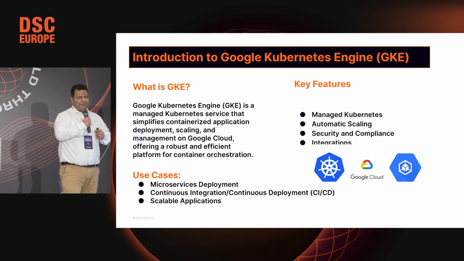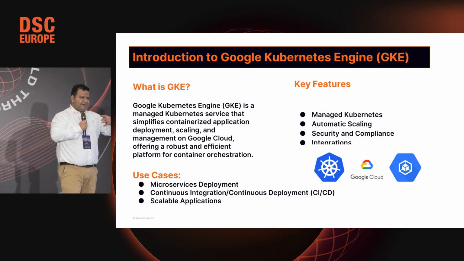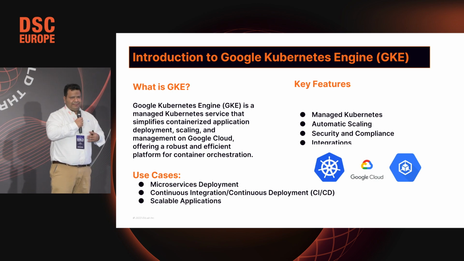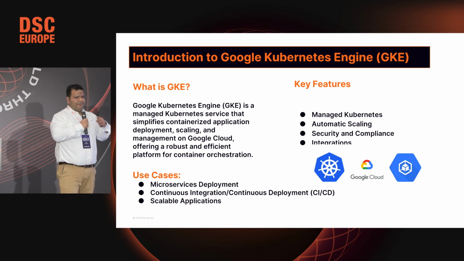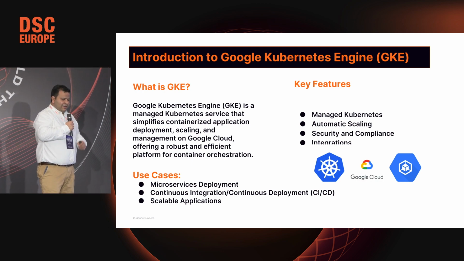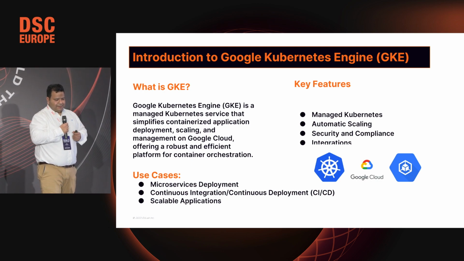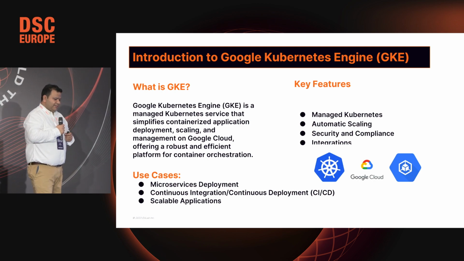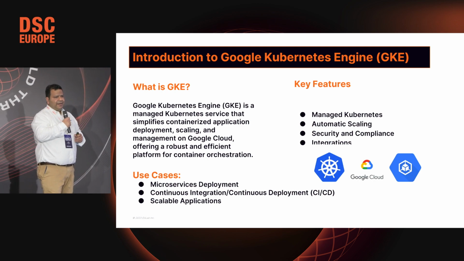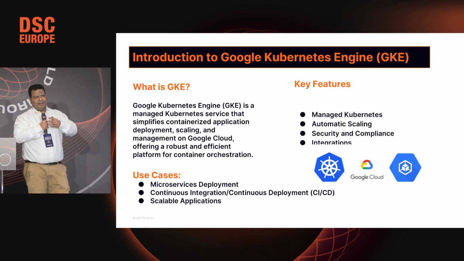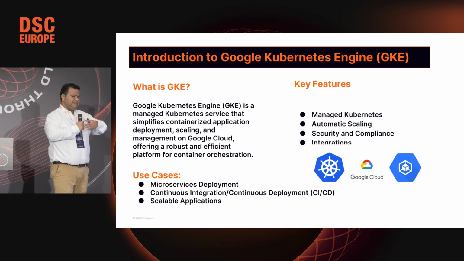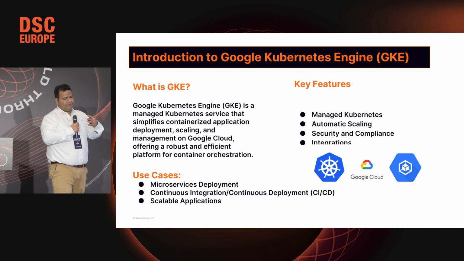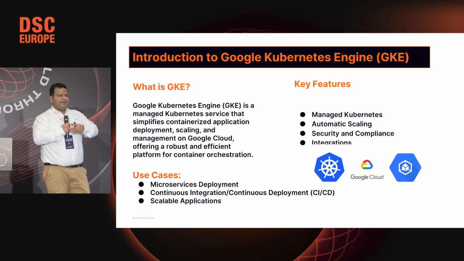When you set up an infrastructure for a data pipeline, it takes a lot of time just to cater for security and compliance: is it firewall-proof, is it exposed to the public internet, are we having a data leak happening? GKE helps a lot with that. And the last key feature, integration, helps a lot in integrating all our data sources, which sit on other Google Cloud platform services.